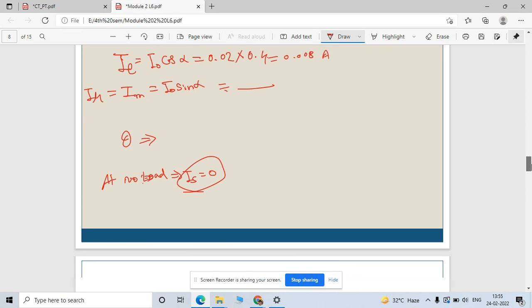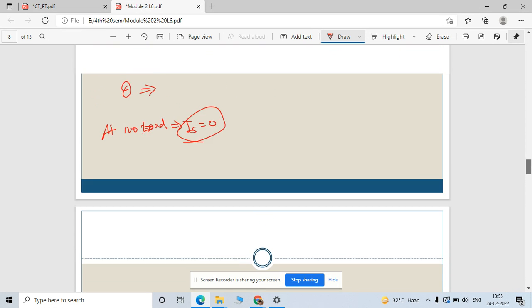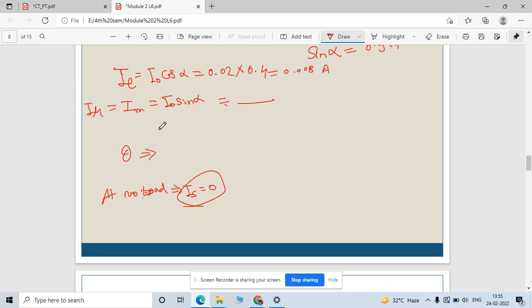Okay, and for that you will get some angle theta, and you can also transform that theta into degrees. And if you multiply the degrees by 60, then you can also represent that theta in terms of minutes. So take this as your homework and try to solve this problem.